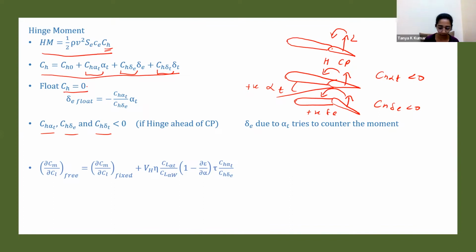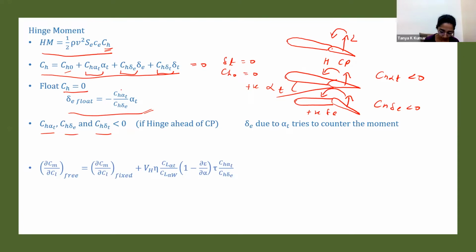Assuming CH naught and delta T are 0, that is, assuming there are no trim tabs and CH naught is 0, you get your delta E float equation like this. This is the angle at which your elevator will float freely when subject to an angle of attack.